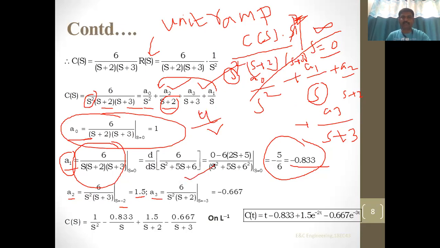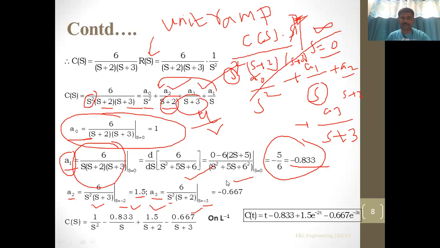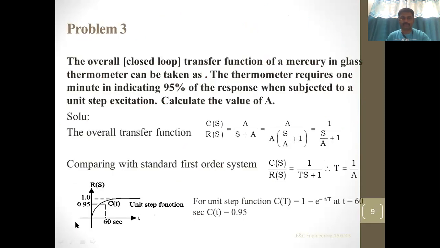Similarly, A3, 6 divided by s square into s plus 2, by avoiding this, if I avoid this, substitute s is equal to minus 3. Is it okay? Look, A0 is available, A1 is available, A2 is available, A3 is available. Then I shall go for inverse Laplace. If I go for inverse Laplace, you can observe this.